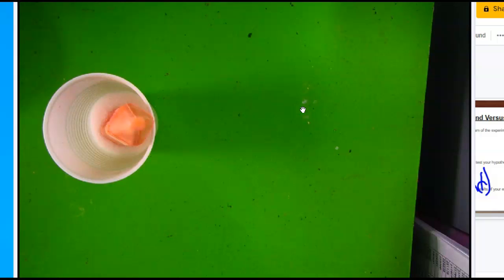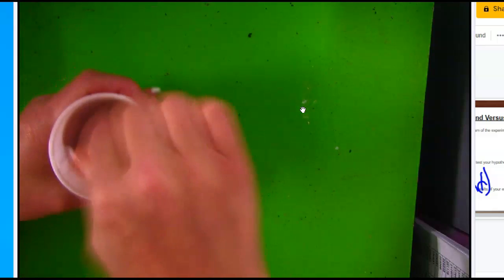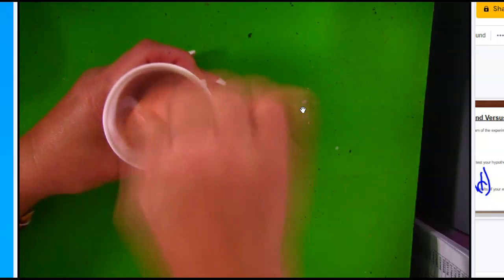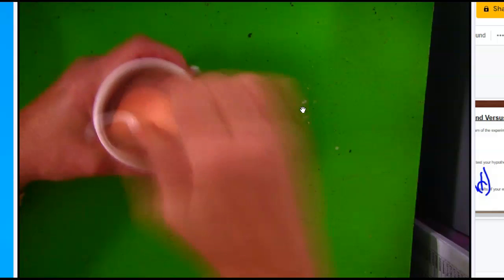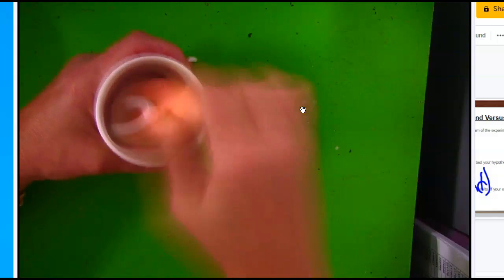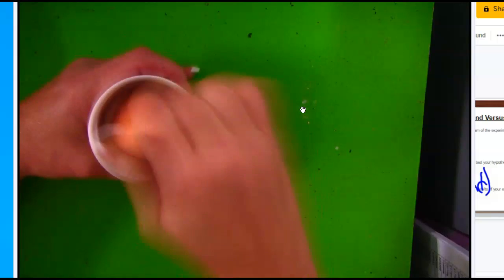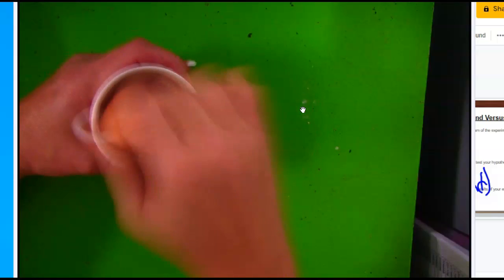Are you ready? Set timer for 1 minute. Okay, 1 minute and counting. And go. Stir vigorously, without spilling. Do not puncture the cup. Keep stirring.